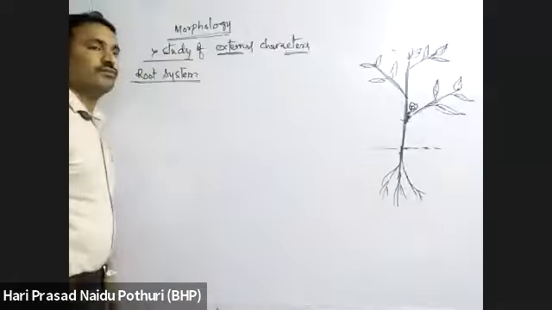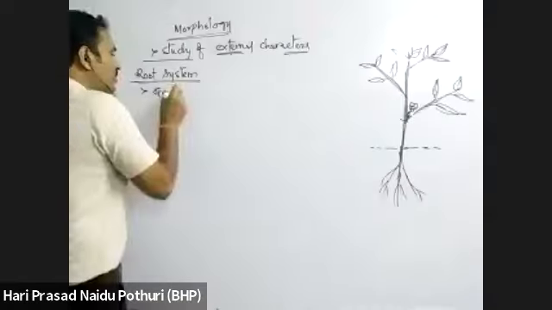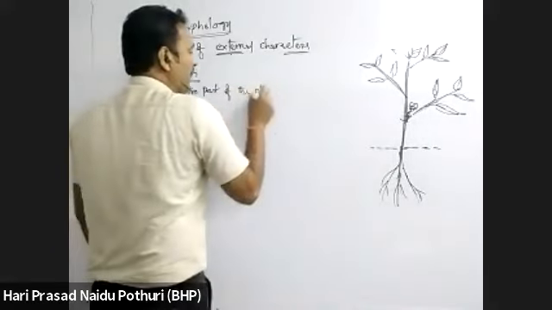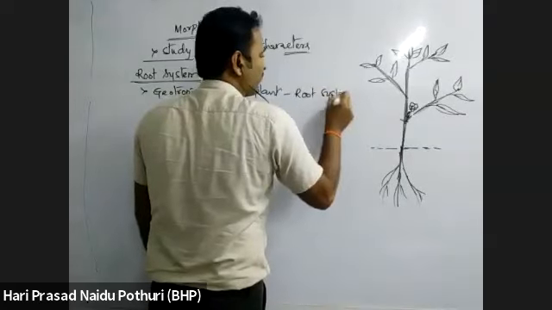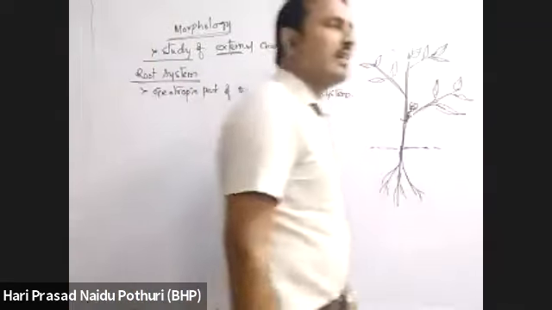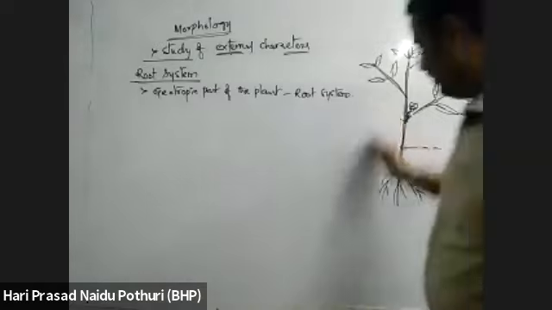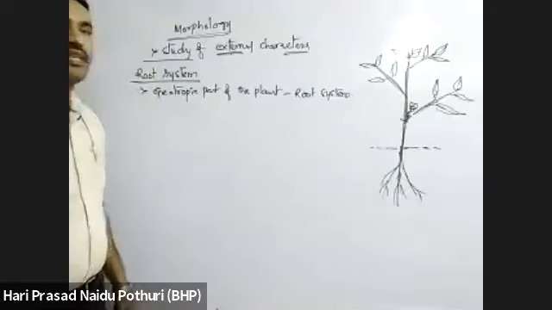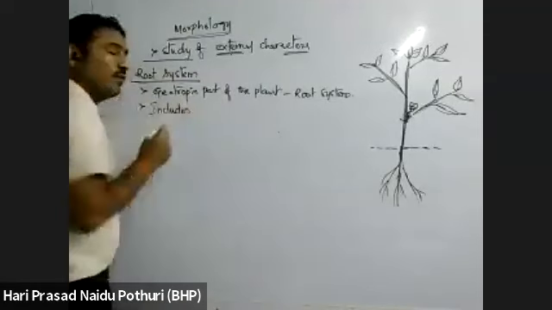What is the root system? The geotropic part of the plant is called the root system. Geotropic means which is present inside the soil. Below the level of the soil, the entire part of the plant that is present is what we call the root system. What are the parts of the root system?